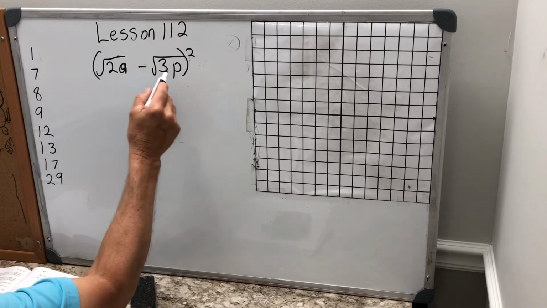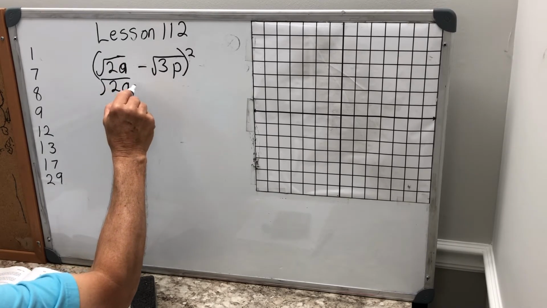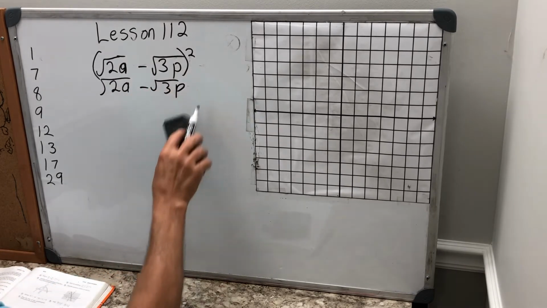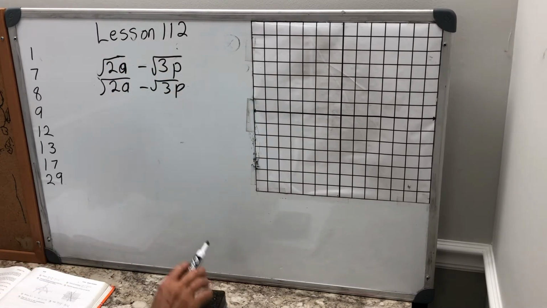So I have a 2A negative 3P times 2A negative 3P. Are you with me? We're going to square this, we're going to multiply.